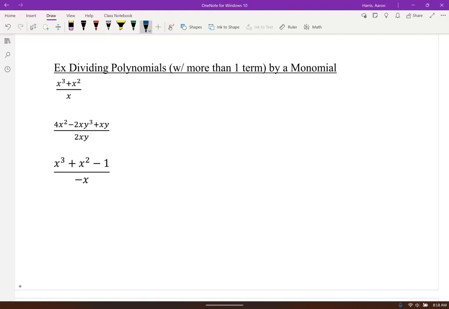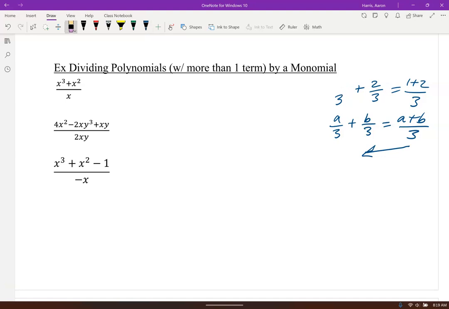I just want to remind you guys, if you're adding 1/3 and 2/3, that is 1 plus 2 over 3, right? Or in other words, a over 3 plus b over 3 is a plus b over 3. We're going to go this way now. So we're going to split it up. As long as you have one term on the bottom, you can split that up. So let's go ahead and do that.